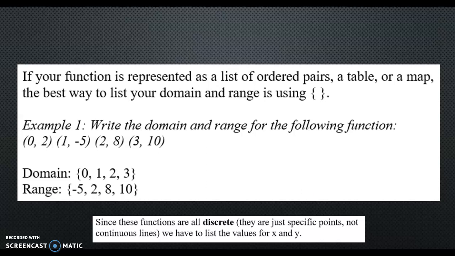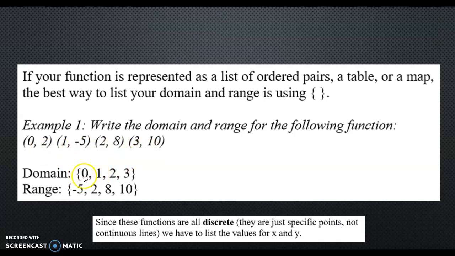Okay, now here's how we write domain and range. And we're going to do this in class a lot, okay? So if your function is represented as a list of ordered pairs, a table or a map, like I just showed you, the best way to do it is to list it in these brackets, these curly brackets, okay? So here I give you 1, 2, 3, 4 sets of pairs.